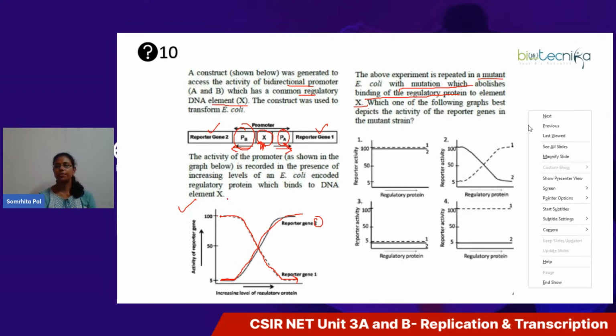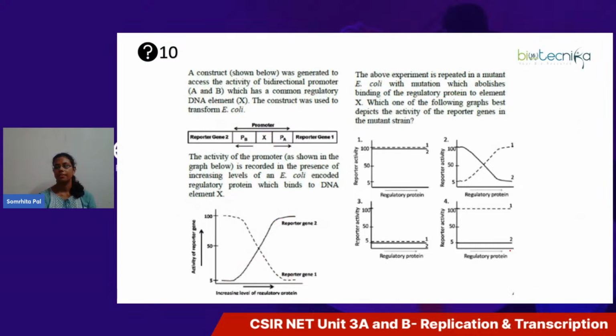Yeah, I knew most of you would be giving me option 2. Option 2 is not right. This is what I can tell you. Analyze the graph. What is happening? You have a basic level of transcription. This is the basal transcription. After that, it is getting modified with increase in the regulatory protein activity.